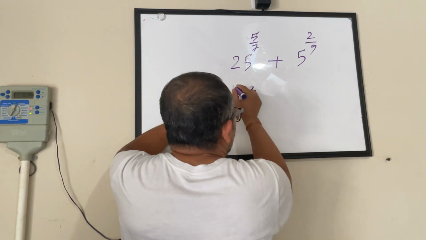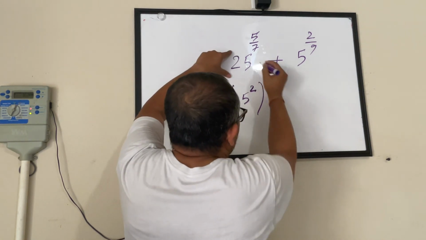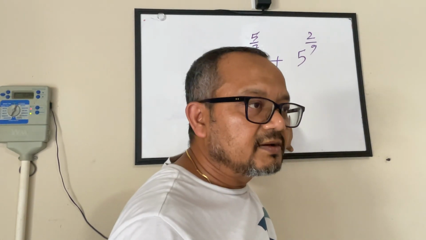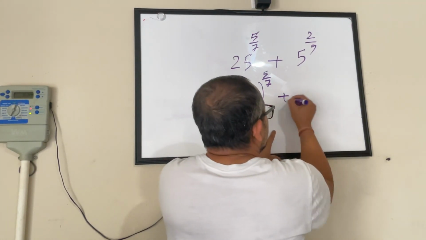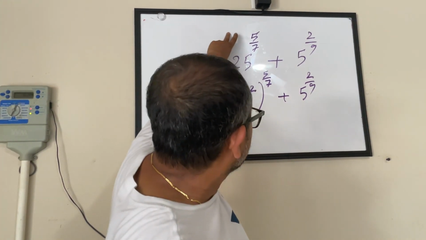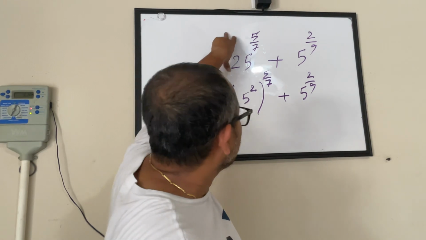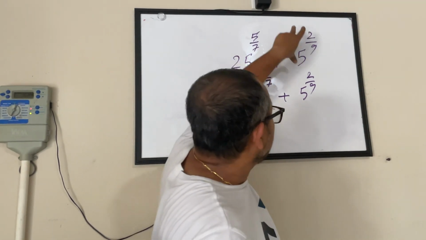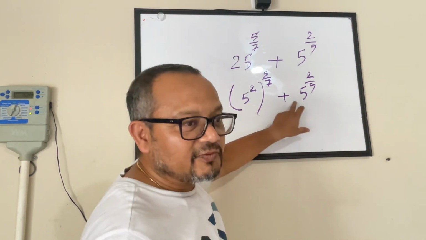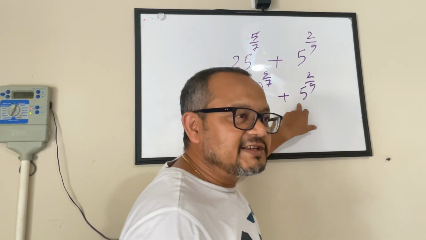Now let's look at this. 25 I can write as 5 square, whatever I have. And then 5 to the power 2 by 9. See, here it was complicated: 25 to the power 5 by 7, 5 to the power 2 by 9. It was really complicated, but as soon as you did this, it looks more friendly, right? Much easier.